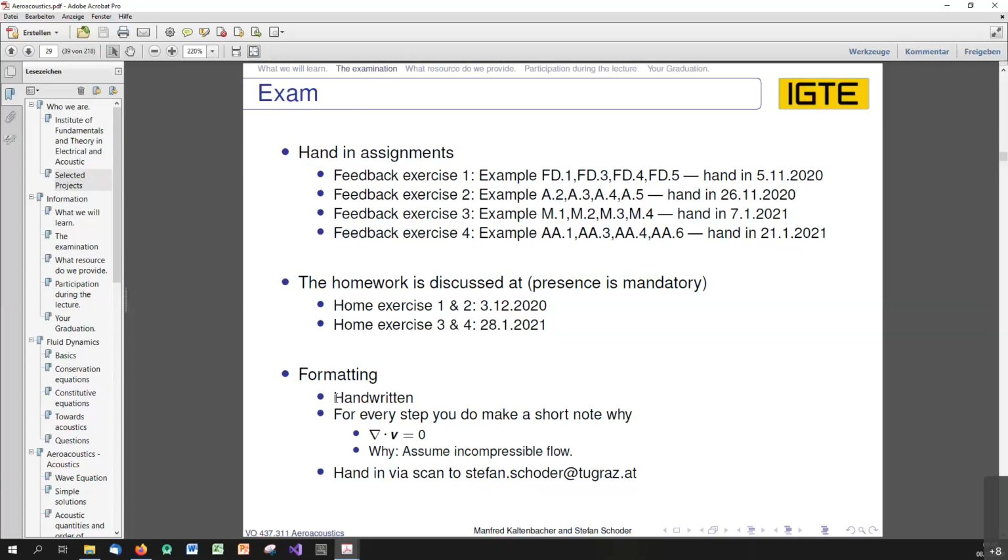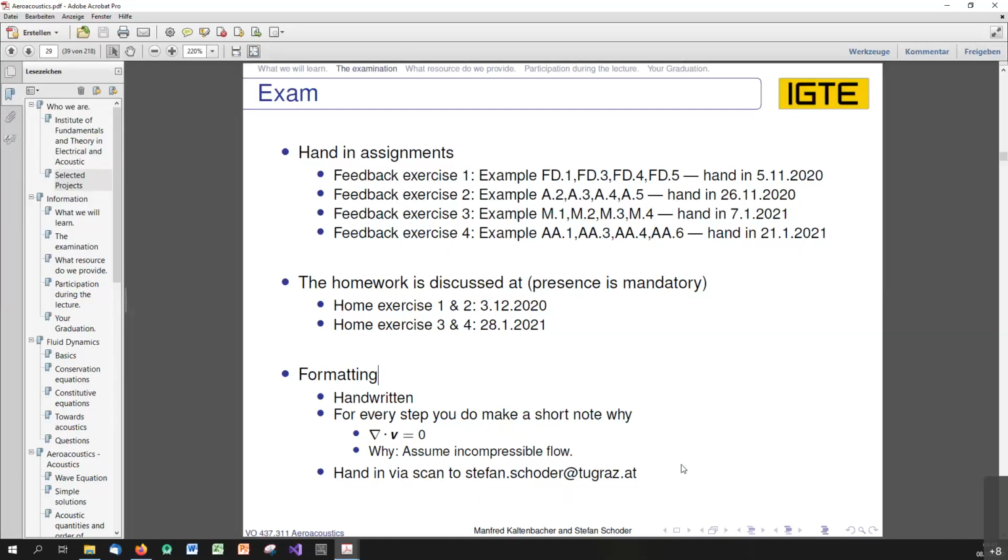The reason is you will probably exchange knowledge with me and with your colleagues, and I would like to ensure that everyone has at least written their stuff themselves. For every step during one example, I encourage you to make a short note on why you do this step, and then when you have done your examples, scan them and just mail them to me.